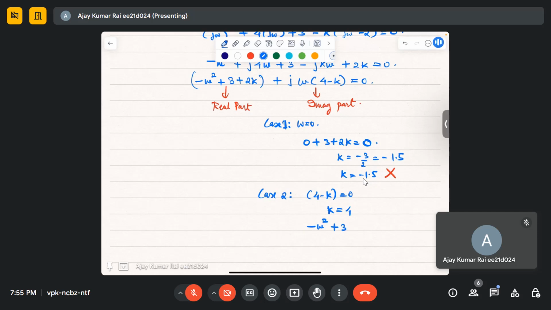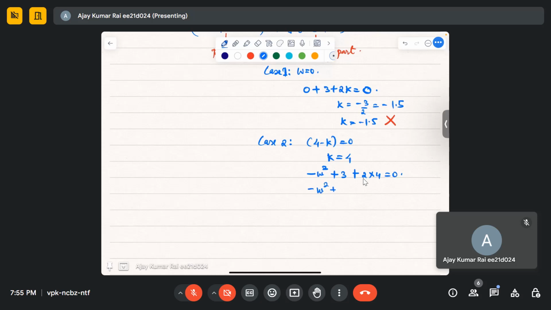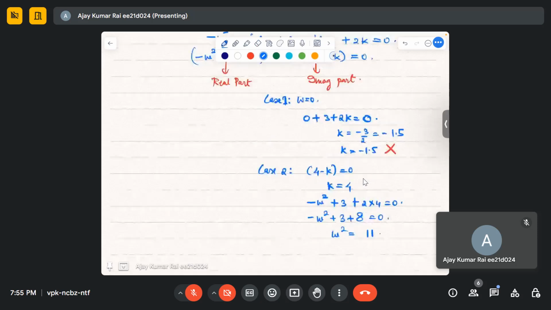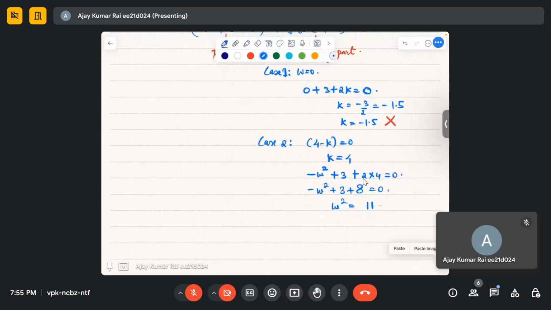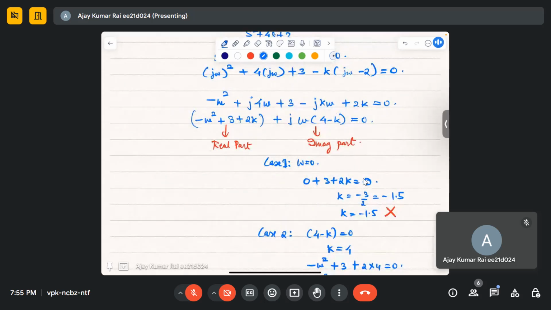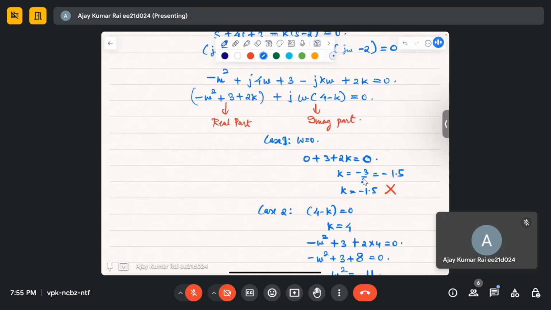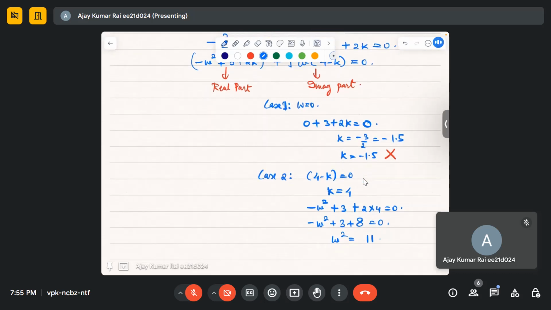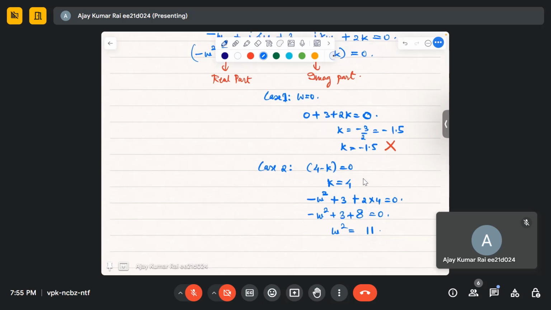You have to solve this equation: minus omega squared plus 3 plus 2 into K, so K is 4. 4 into 2 is 8, 8 plus 3 is 11, so omega squared is 11.